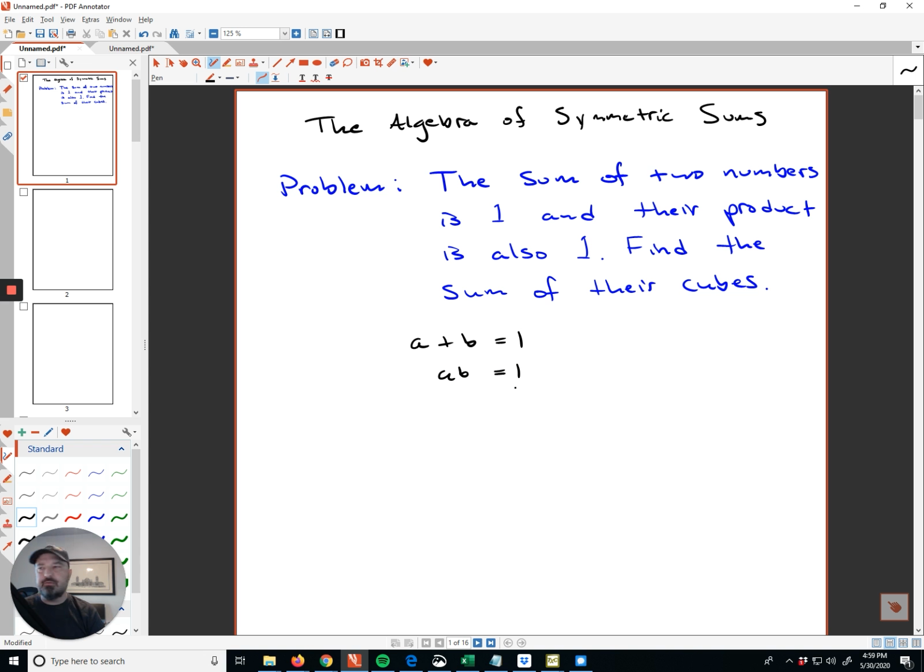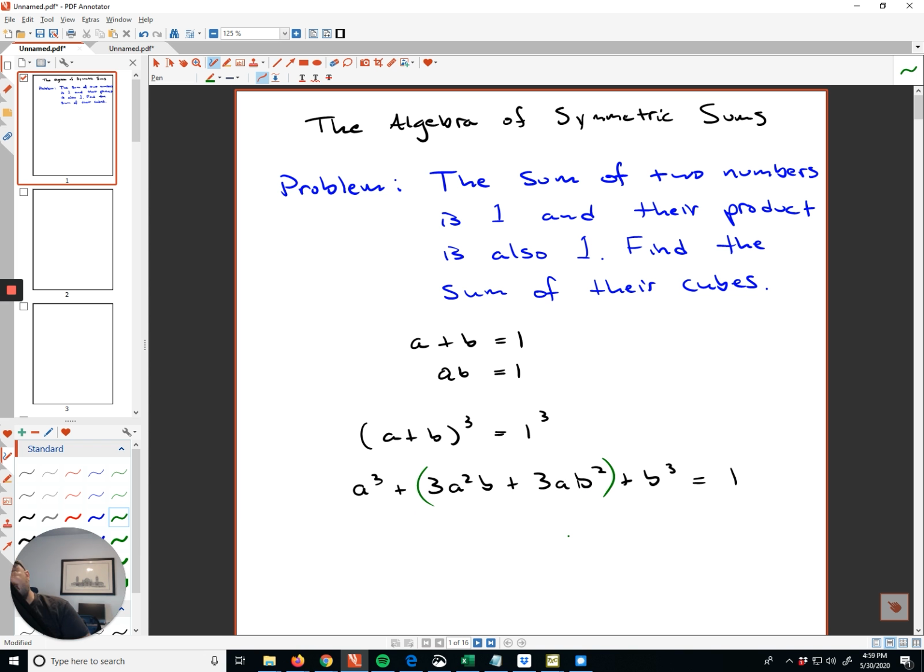Now, in order to get a sum of cubes, what I'm going to do is cube the first equation. If I cube the first equation and expand the left-hand side, I get the a cubed and b cubed terms that we want, but we have this other stuff in the middle, and we need to deal with that other stuff.